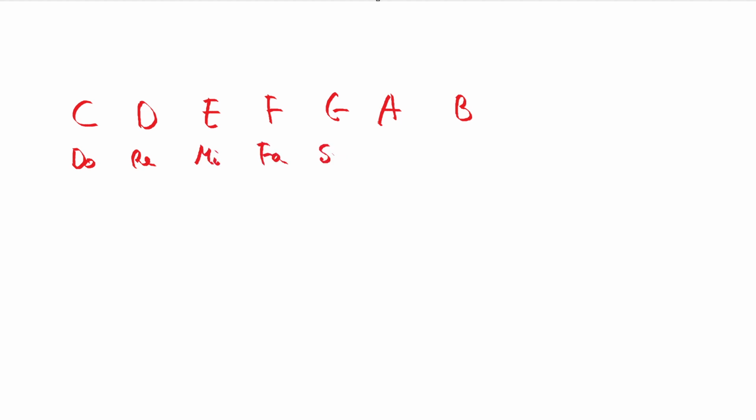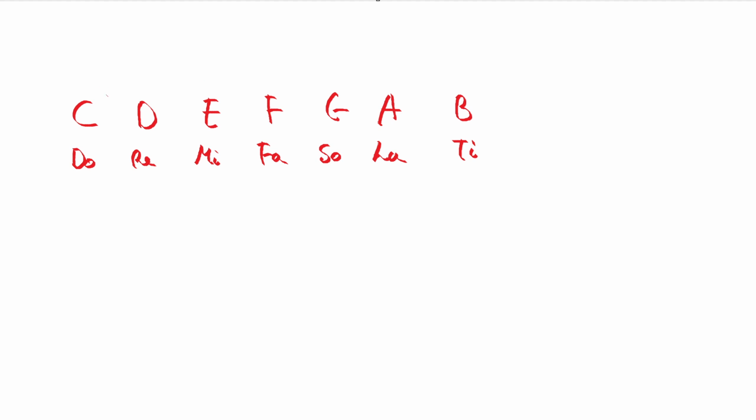So if we go for the sharp side of things, let's start with C, D, E, F, G, A, B. So this is do, re, mi, fa, so, la, ti.